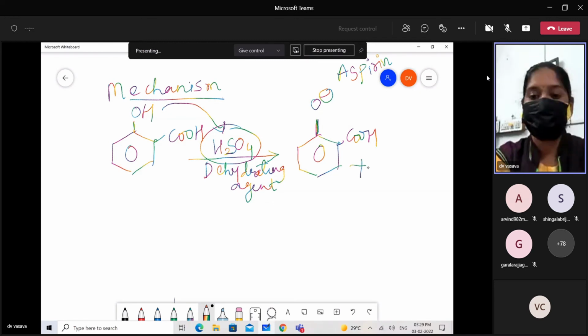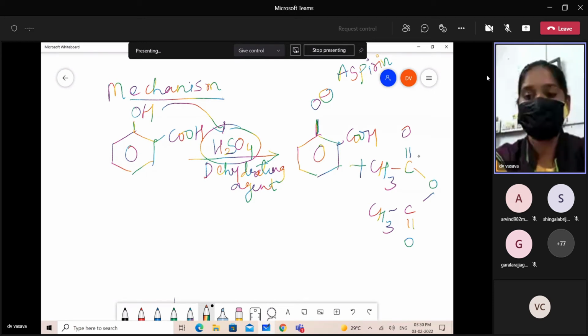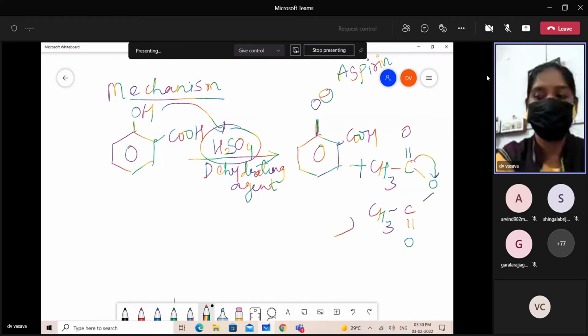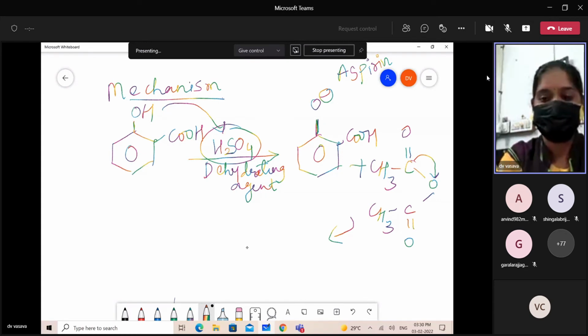Now we have taken acetic anhydride, as we had seen in the general reaction. So here CH3, C=O, C=O and CH3. In this, the carbon will share its electron, so what it becomes is CH3, C=O with a positive charge.